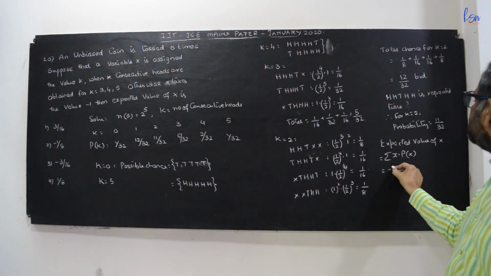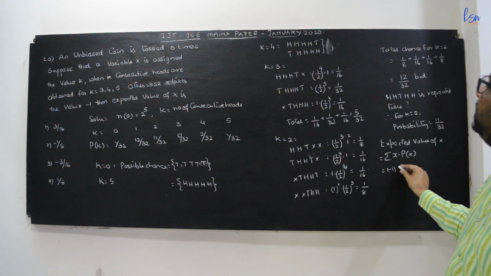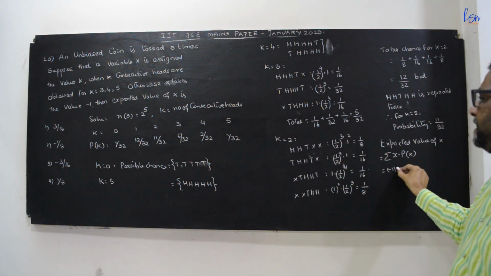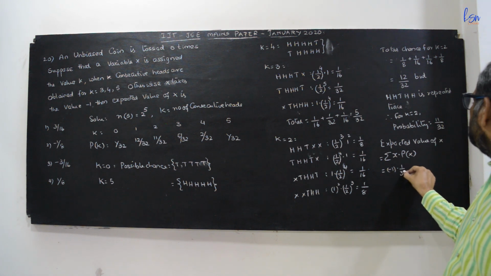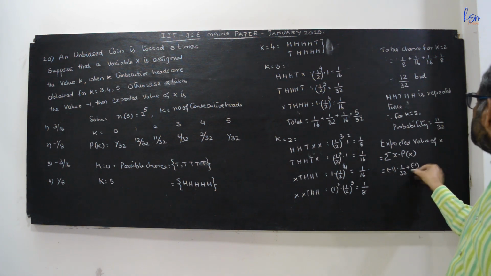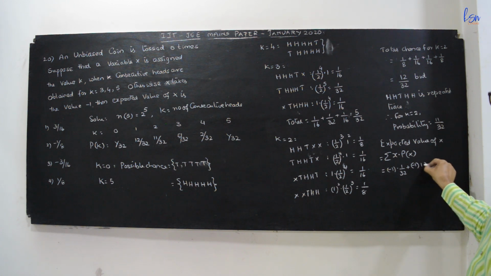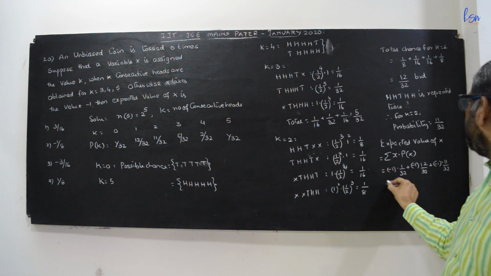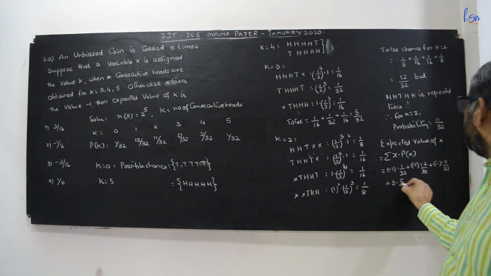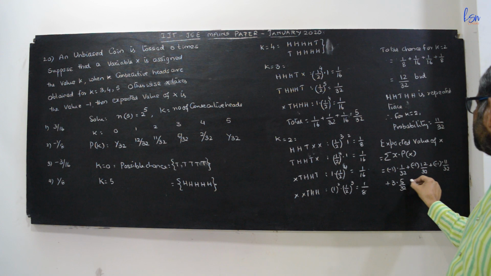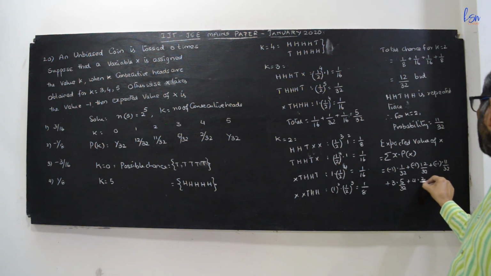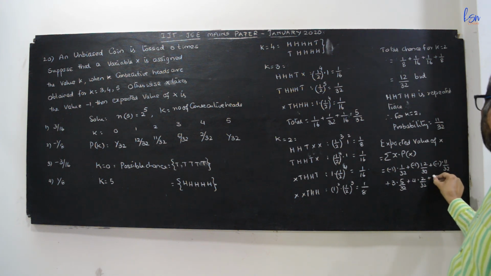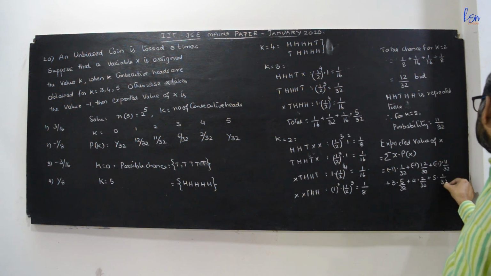So this is minus 1 into probability for k equal to 0, that is 1 by 32, plus minus 1 into 12 by 32, plus minus 1 into 11 by 32, plus 3 into 5 by 32, plus 4 into 2 by 32, plus 5 into 1 by 32.